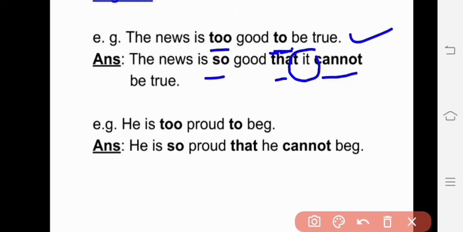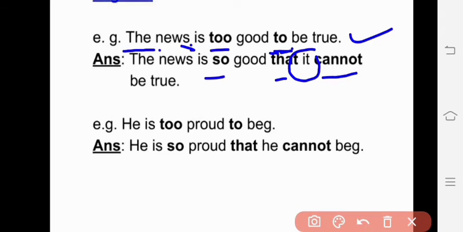As the rule, just remember, after "that" you must put a pronoun. Here it refers to the subject, and when you put a pronoun, it relates to the subject only. The news is a neutral, non-living object, so that's why you have to apply "it".